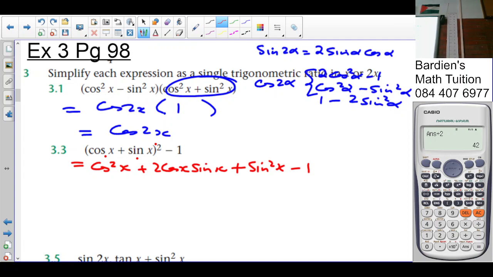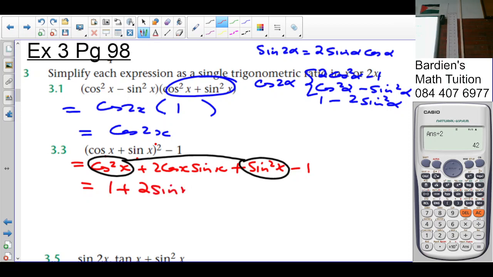So what is cos squared x plus sine squared x? 1. So it's 1 plus 2 sine x cos x, minus 1. So what can happen now? 1 and minus 1 cancel.